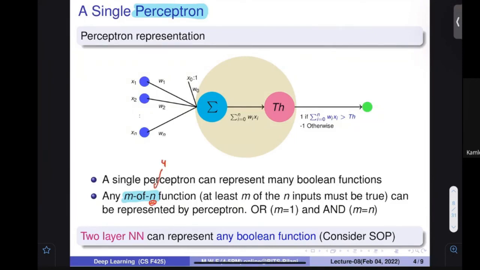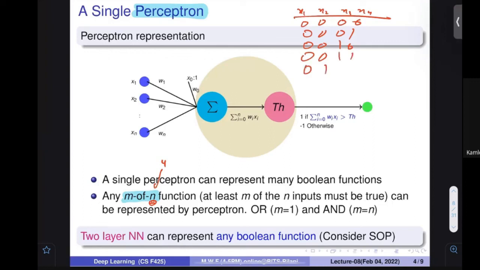So if n is equal to 4, the inputs could be x1, x2, x3, x4, and their values could be 0, 0, 0, 0, 0, 0, 0, 1, 0, 0, 1, 0, 0, 0, 1, 1, 0, 1, 0, 0, 0, 1, 0, 1, 0, 1, 1, 0, 0, 0, sorry, 0, 1, 1, 1. So this could be the value.